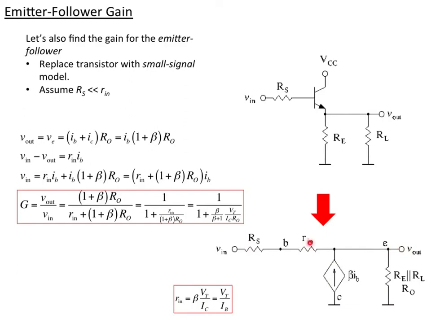But that's just 1 plus beta times the base current flowing here, because this controls that. And then V in minus V out is just the base current across R in.